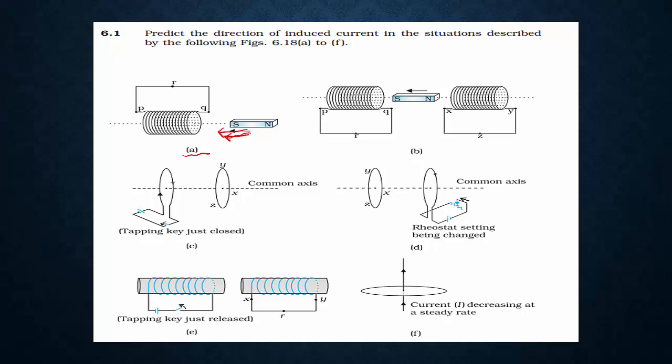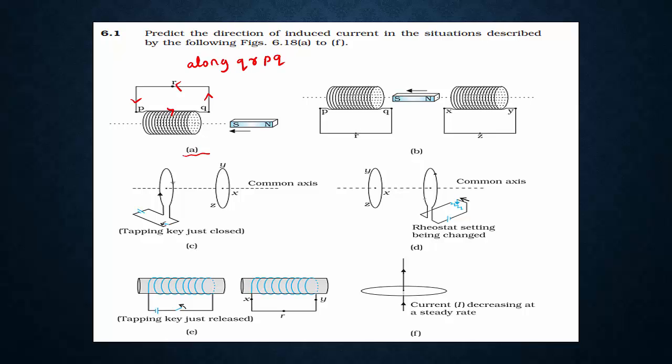It means the induced EMF takes place in anti-clockwise direction when the south pole of the magnet is moving towards the coil. So now the current is moving in anti-clockwise direction, that is from Q, R, P, again Q. So in which direction does the induced current take place? It is along Q, R, P, Q.